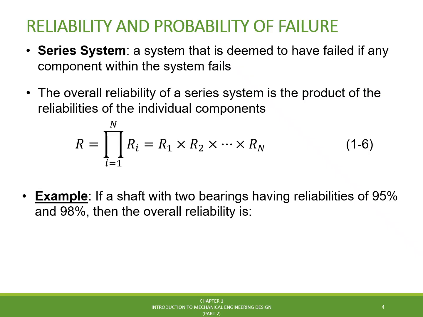Then the overall reliability for the bearing system is going to be R equals 0.95 multiplied by 0.98, which is going to be 0.93 or 93% overall reliability for the whole system.